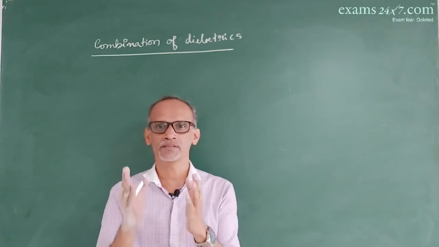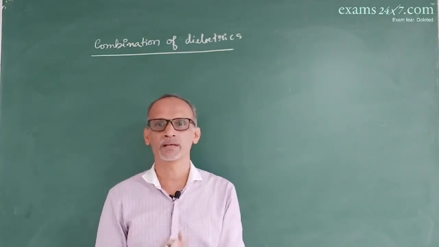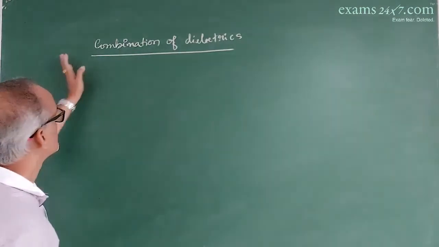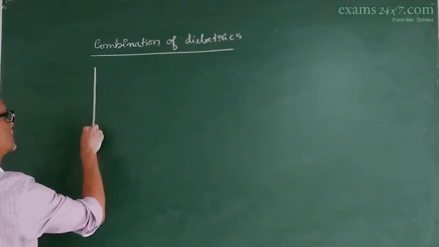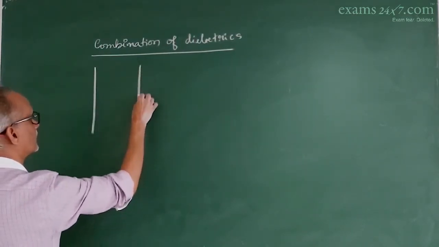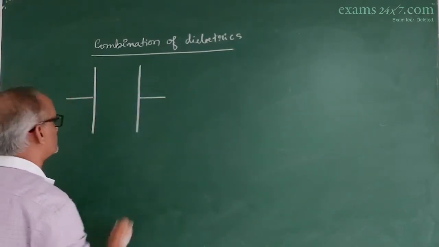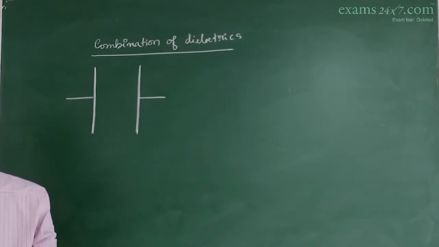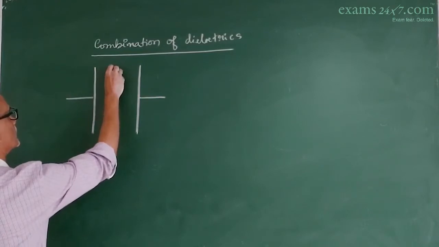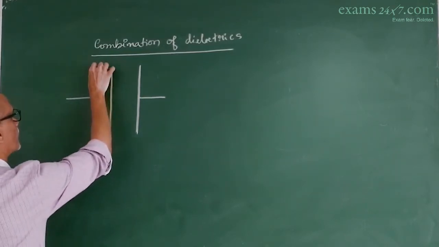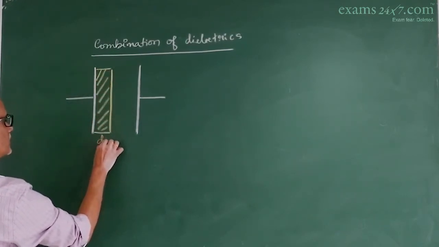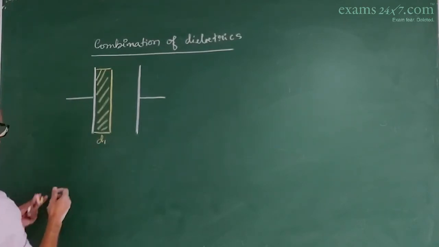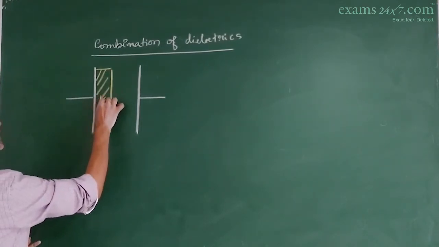Now, what if the space is filled with more than one dielectric? That's what this topic is all about, combination of dielectrics. So here I'm going to draw two parallel plates. These are the terminals. Now I draw a diagram in such a way that part of the space is filled with a dielectric of thickness d1, whose dielectric constant is k1.